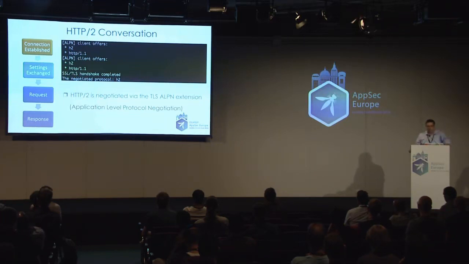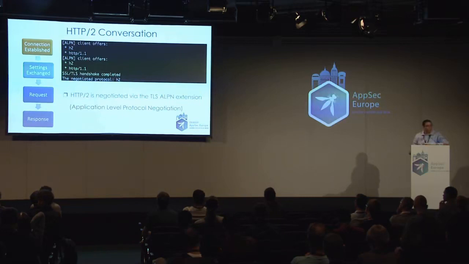So the negotiation of HTTP2 over TLS is done via a TLS extension called the Application Layer Protocol Negotiation, ALPN extension, where in the TLS handshake, the client adds the H2, its two characters, to the ALPN extension, and if the server supports H2, they would then negotiate this protocol, and from that point on, we talk with H2.